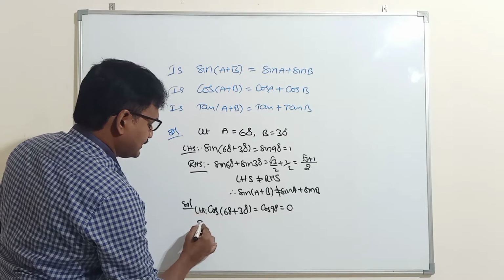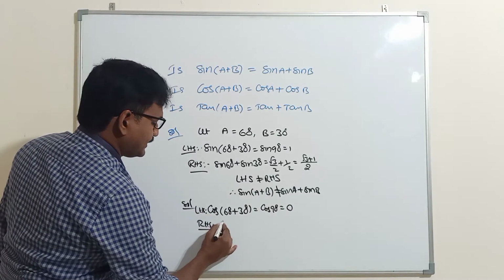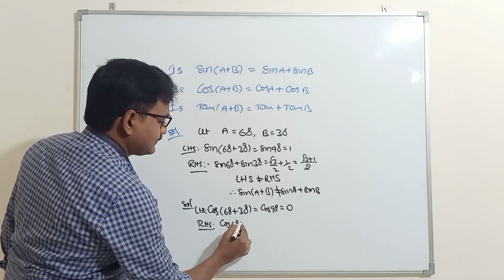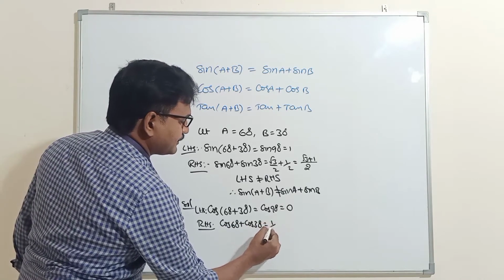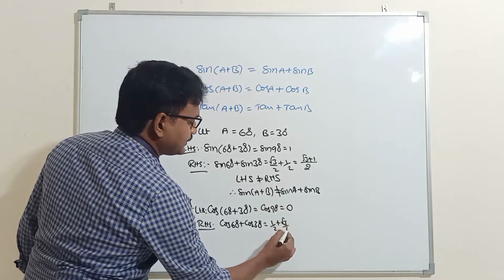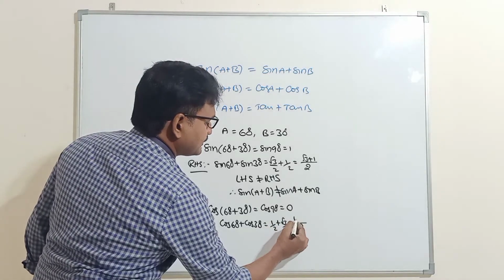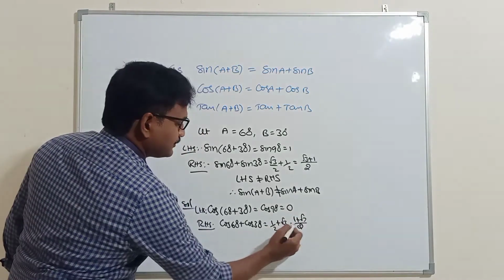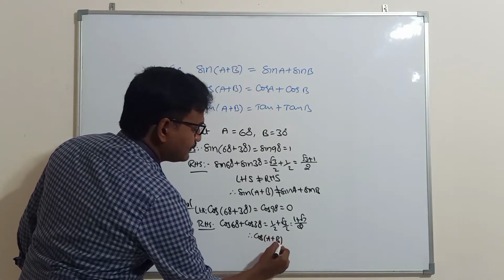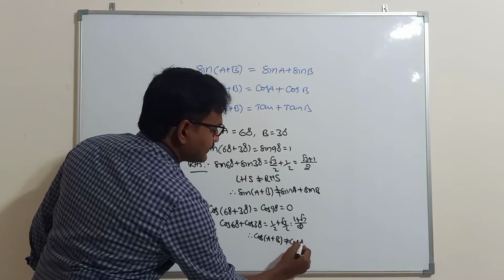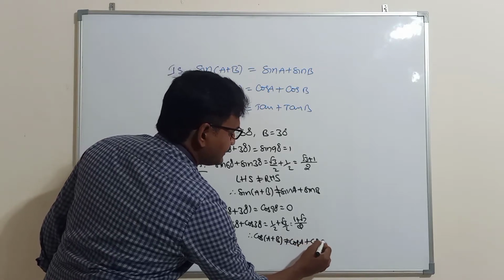Next, RHS: cos 60 plus cos 30. Cos 60 value 1 by 2 plus cos 30 value root 3 by 2. So LCM is 2, 1 plus root 3 by 2. Therefore, cos of a plus b is not equal to cos a plus cos b.